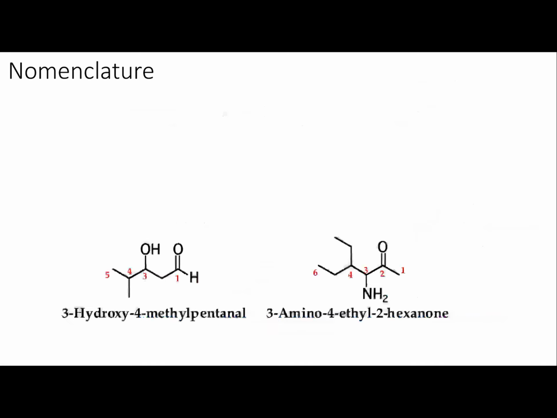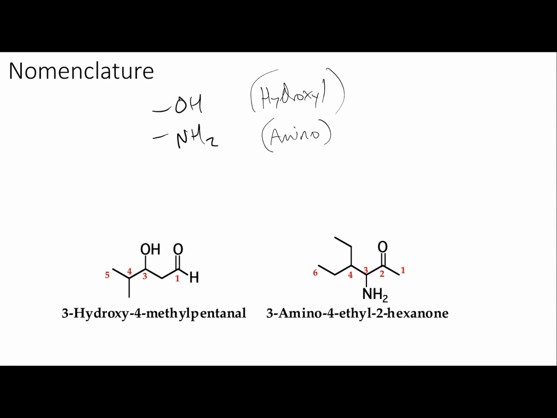Now, to actually name an aldehyde or ketone that also contains something like an OH or an NH2, a hydroxyl or an amino group, I could write that. We would number the parent chain to give the carbonyl carbon the lowest number still.